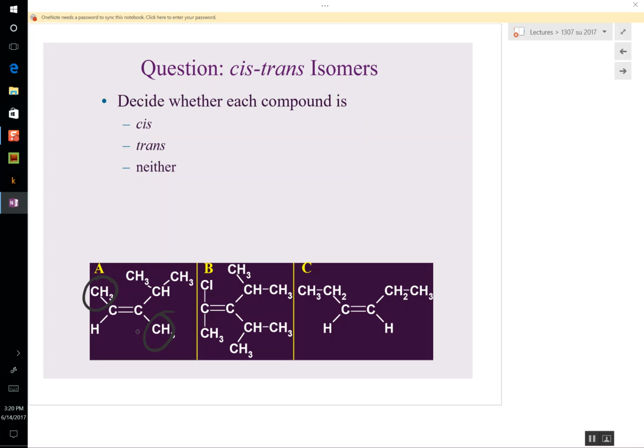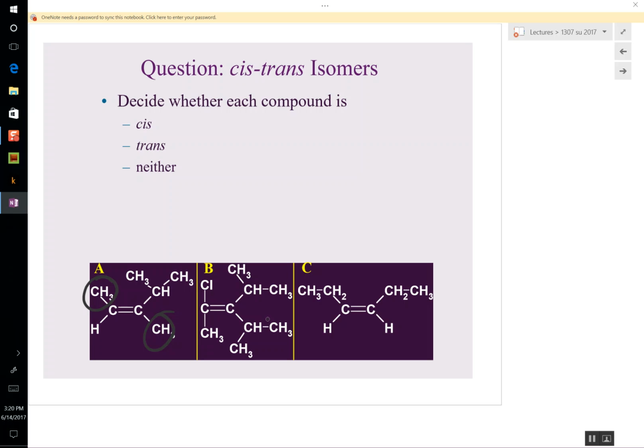Neither, because these two things are the same, right? And if you see either one of these carbons having two things that are the same, you've got a no answer. Once you get one no answer, they're not isomers. It doesn't have an isomer. How about this one?